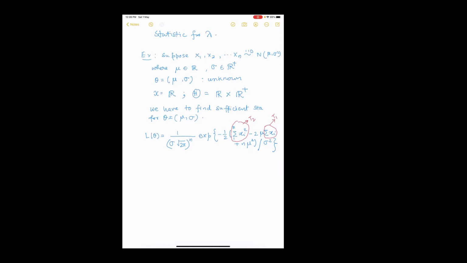So I can write this as g theta of T1 and T2 as 1 by sigma to the power n, exp of minus half, T sub 2 minus 2 mu T sub 1 plus n mu square, divided by sigma square, bracket closed. And h of x tilde is equal to 1 by 2 pi to the power n by 2 for all x tilde.